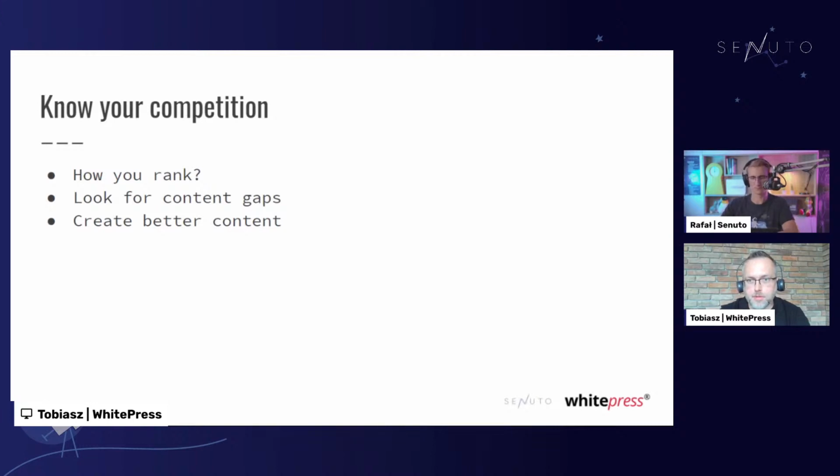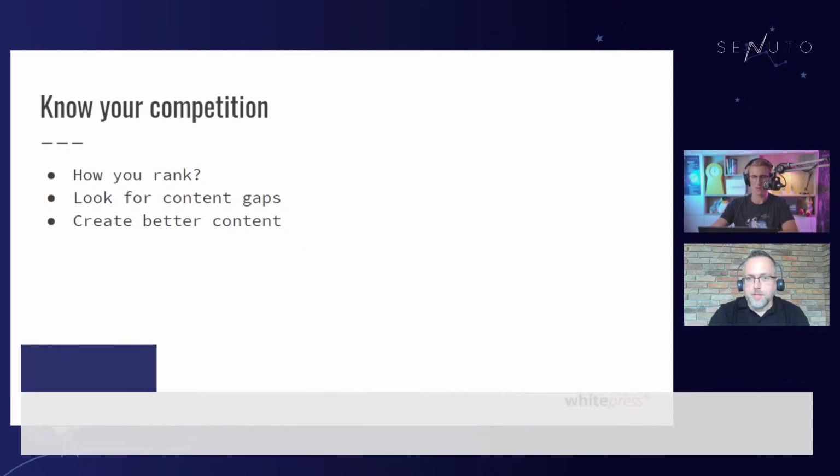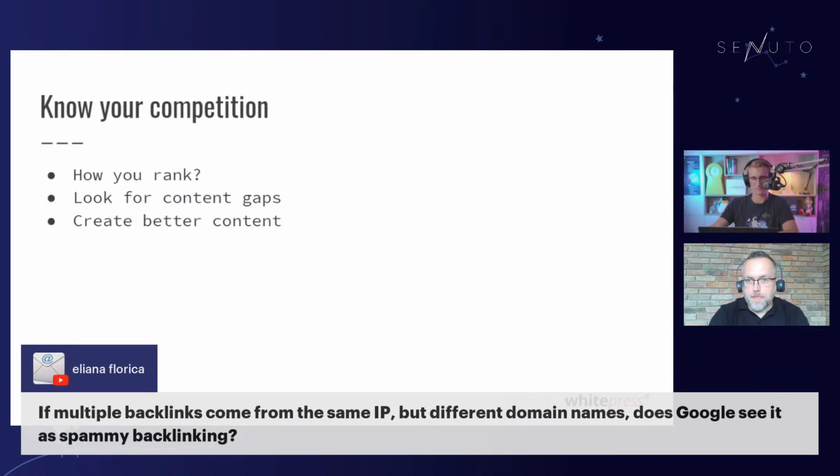Let me see into the chat, because I'm talking and I'm not digging if there are any questions. Elana is asking, yes. If multiple backlinks come from the same IP but different domain names, does Google see it as spammy backlinking? No, not at this scale.